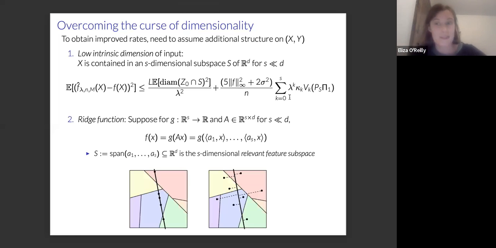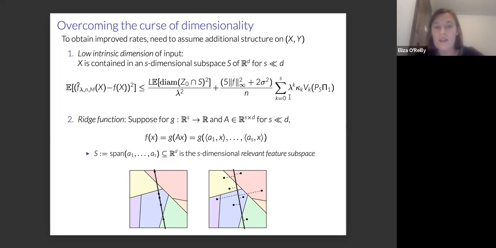A much weaker assumption we can make is, rather than the input being low dimensional, we can assume that our function only depends on a low dimensional subspace of the input. So f, our unknown function, is actually given by some function g of s one-dimensional projections of our input.